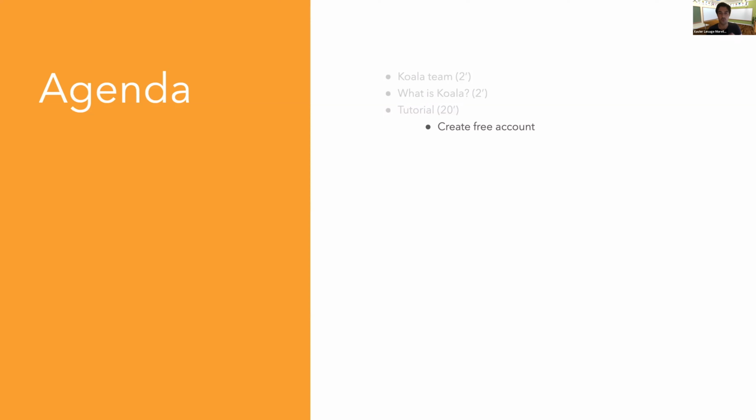So I'll show you how to create your free account. I'll show you how to start a class, how to move your avatar inside the virtual classroom. I will show you also how to customize your avatar, how to invite a student to the virtual classroom, how to turn your camera on and off, how to use the browser in the virtual classroom, to upload any local PDF or any local document that is on your computer, how to use the whiteboard in Koala, and finally, how to use sticky notes.